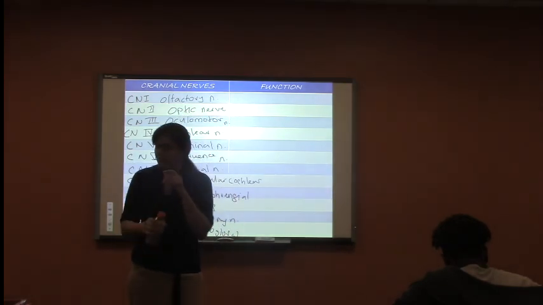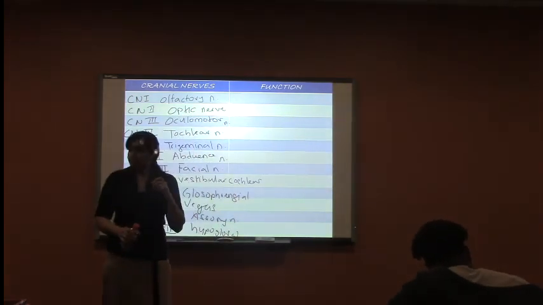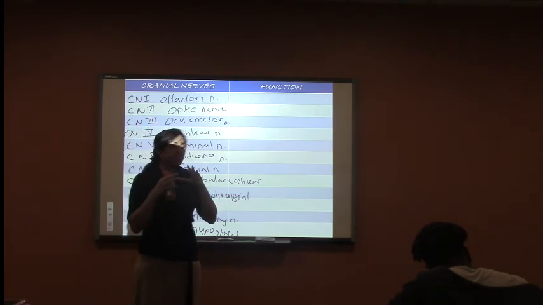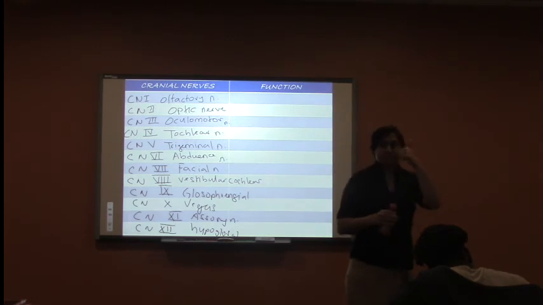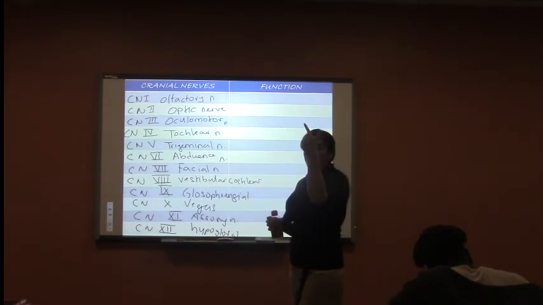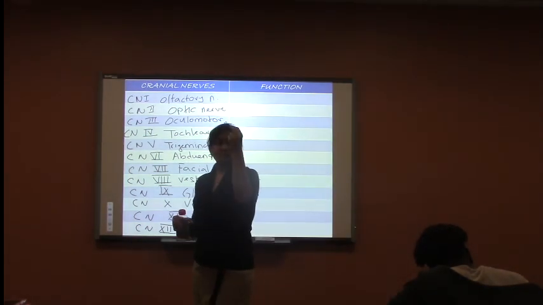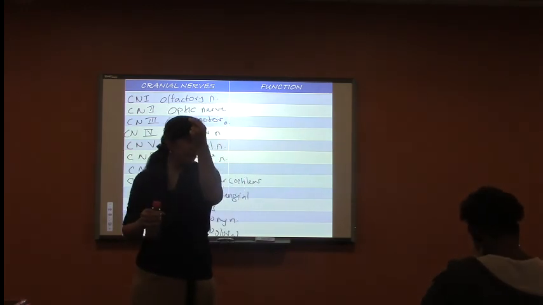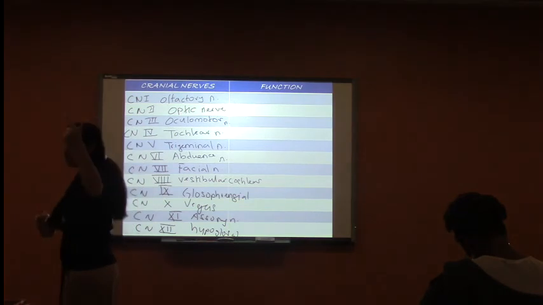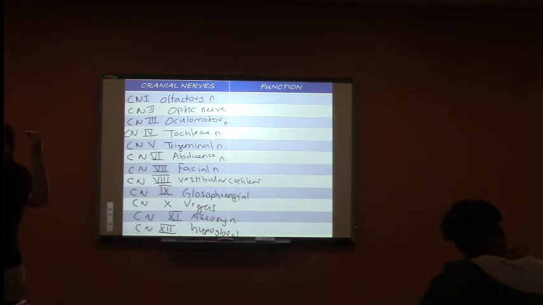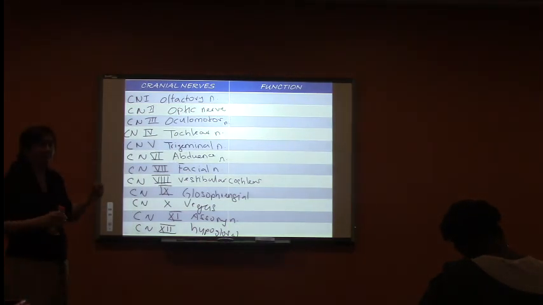One thing I forgot to say. When we're looking at the parts of the brain, the forebrain, midbrain, hindbrain. The midbrain, pons, and the medulla collectively is called the brain stem.